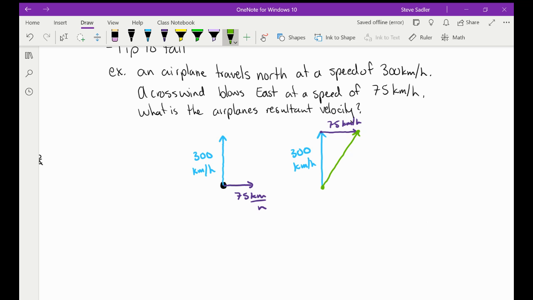So that will be the actual direction of the plane. And we would have to figure out, based off of those numbers, similarly to what we did with the walking, what this velocity would actually be if we've got these two other velocities. Hopefully that made sense. We will get lots of practice with adding vectors, distance and displacement.